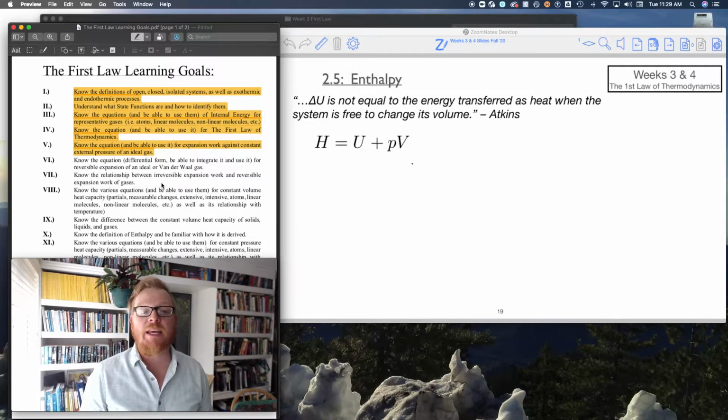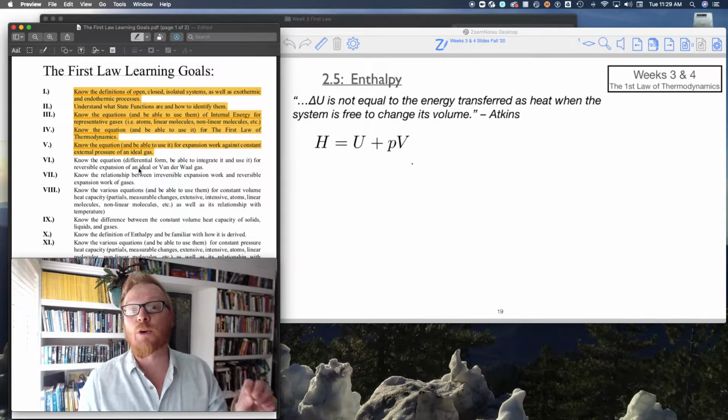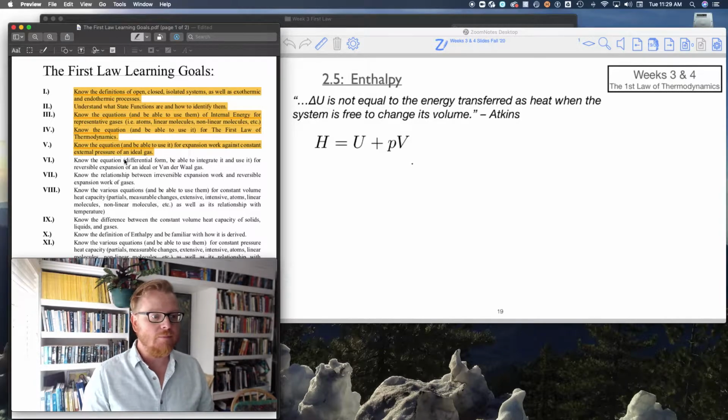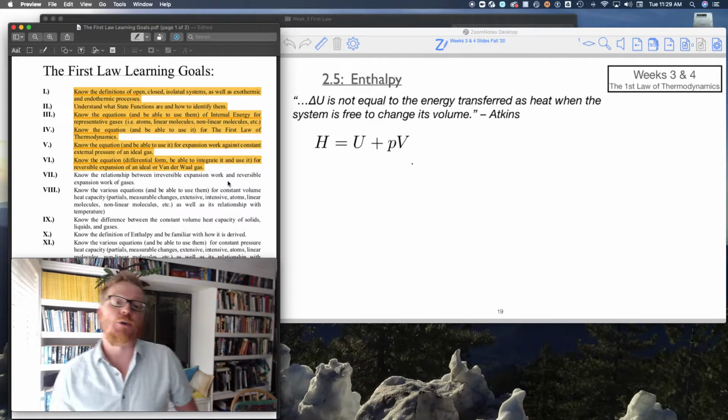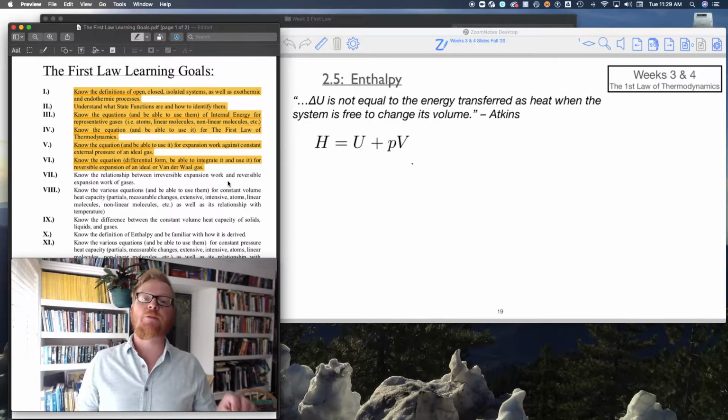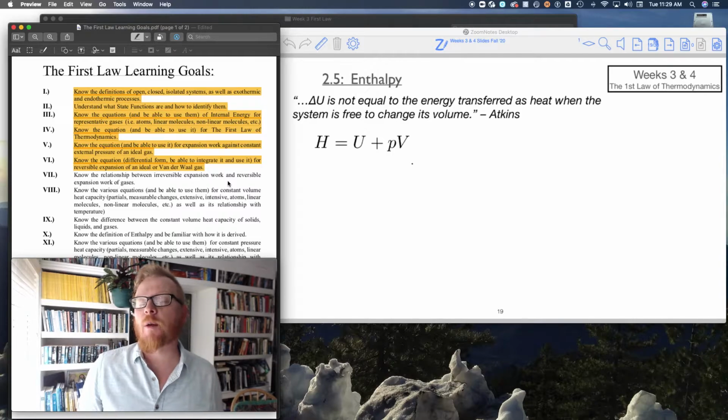Work is negative P delta V for expansion work against constant external pressure, which is the exact same as irreversible expansion, right? Okay, so know the equation. So that's the differential form of reversible expansion of an ideal or van der Waals gas. So this is still work equals negative PdV, and that's the differential form that I'm referring to.